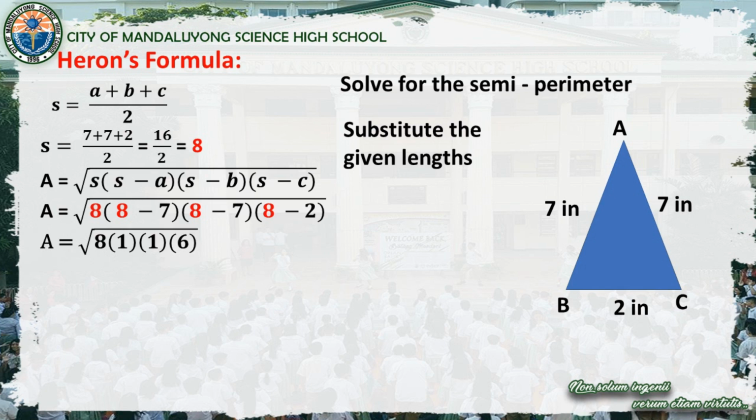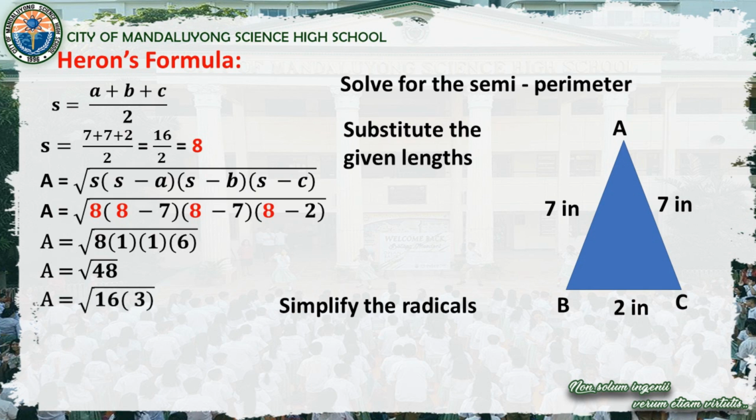sign, A is equal to the square root of 8 times 1 times 1 times 6, and so we have A is equal to the square root of 48. Now at this point we need to simplify the radicals. So to simplify the square root of 48, just think of factors of 48 wherein one of them is a perfect square, and that is 16 and 3.